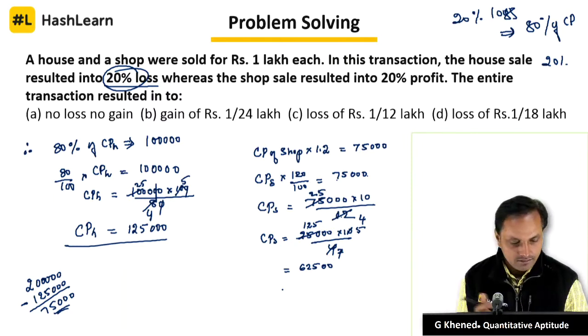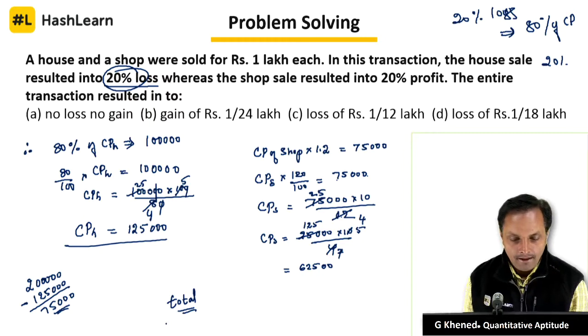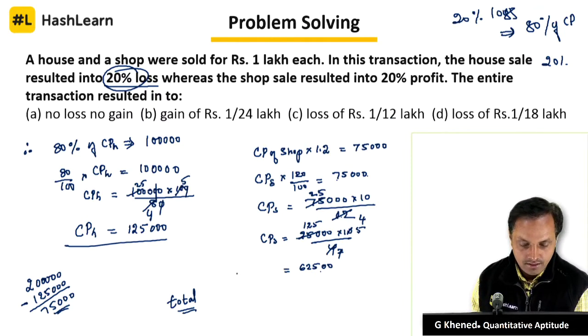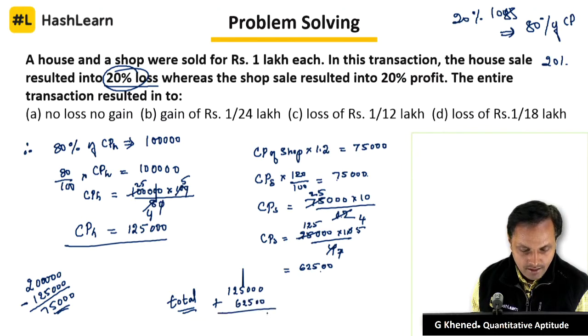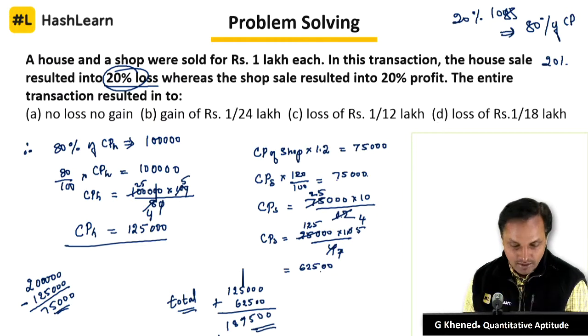Okay. So what is the total? That will give you 1,25,000 plus 62,500, which is 1,87,500.